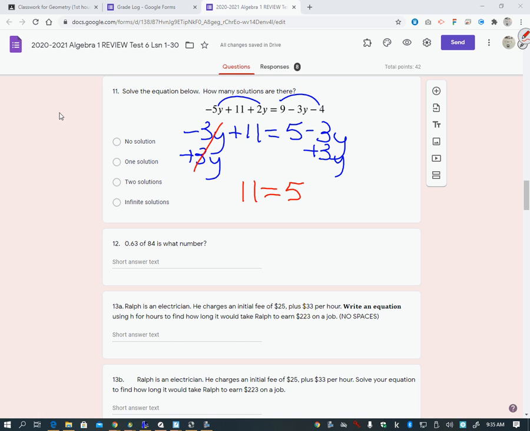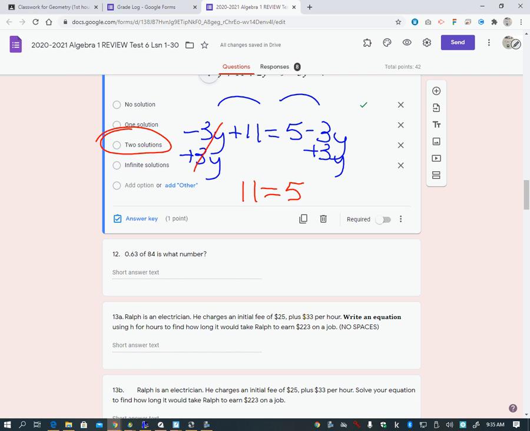Does 11 equal 5? Let's check. No solution. Does that make sense? All right. It's not 0y. It's just 0. They're gone.